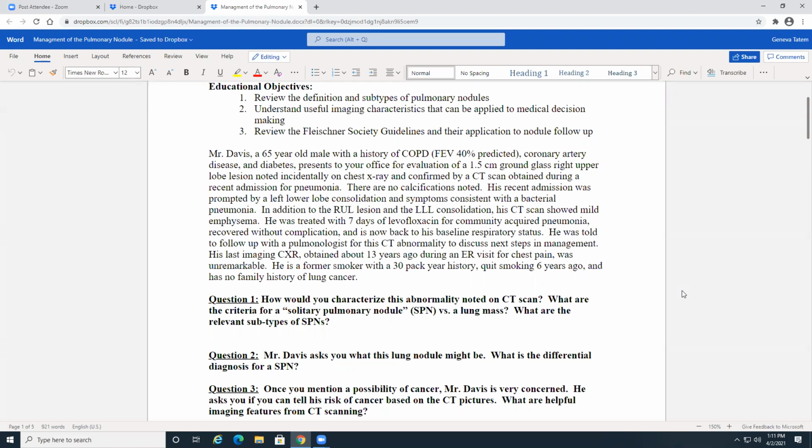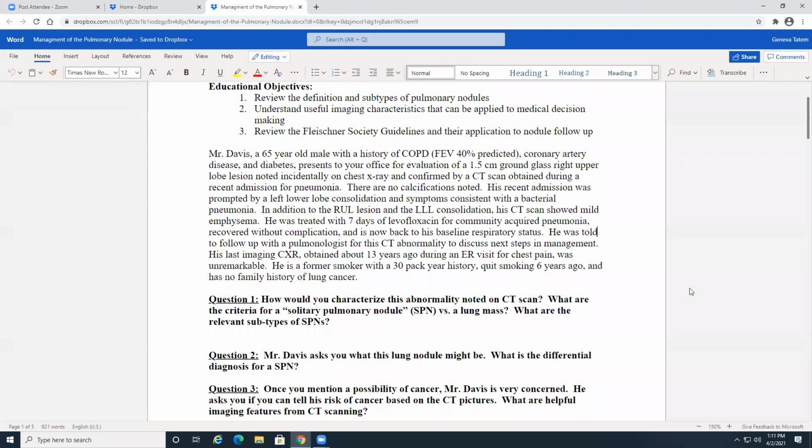I heard it over in the left side of the room. Say it again, Shraddha. What were you saying? Yes, 8 millimeters is an important threshold because that's usually the tipping point where the likelihood of malignancy actually increases, right? So that's always something to keep in mind, and that's why that number comes up over and over again in screening guidelines when we're assessing risk of our patient.